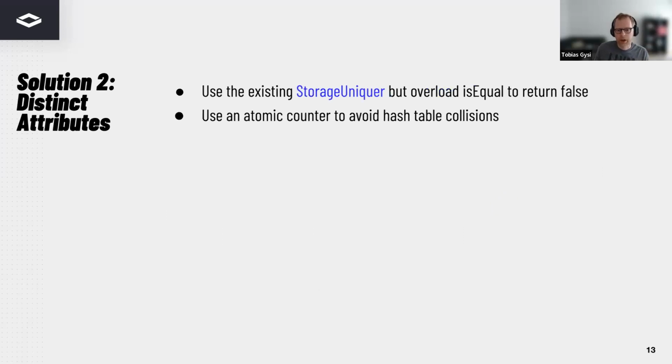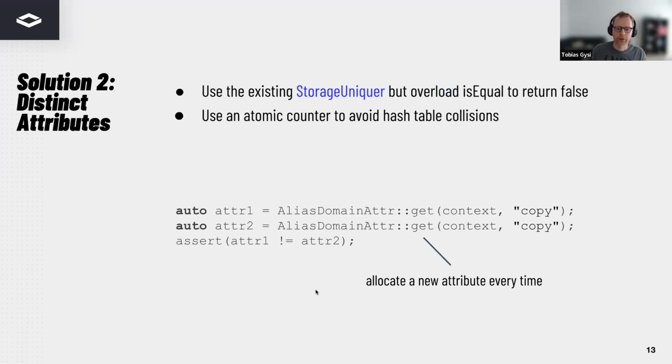Where the changes are actually in the storage uniquer. So the storage uniquer, usually when it gets an attribute, it has an is-equal method implemented based on the hash of the attribute, or of the key of the attribute, basically.